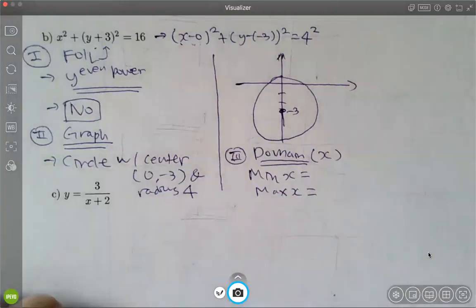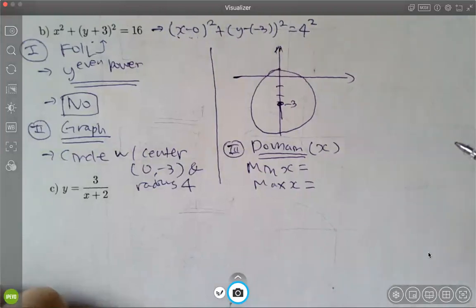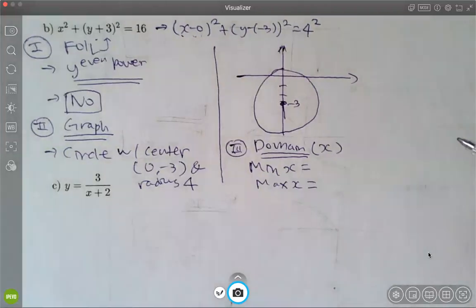What is the minimum x for this graph? -4.